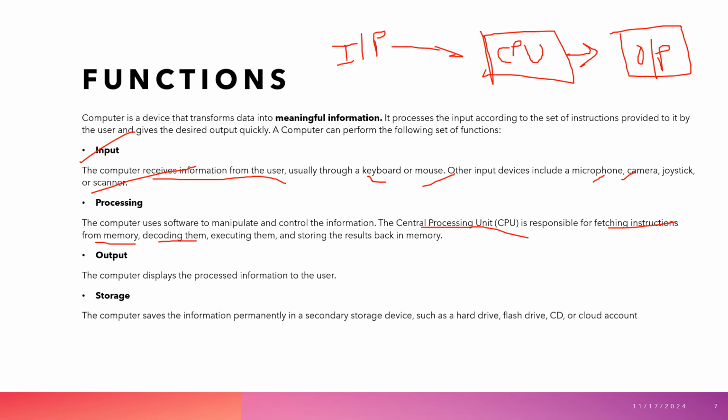The CPU decodes those instructions and executes them. Since they are in a machine readable form, the computer decodes and executes those instructions and stores the result back in memory. Then that processed information could be displayed to the user via output devices. It can be a printer, it can be the monitor, and so on.